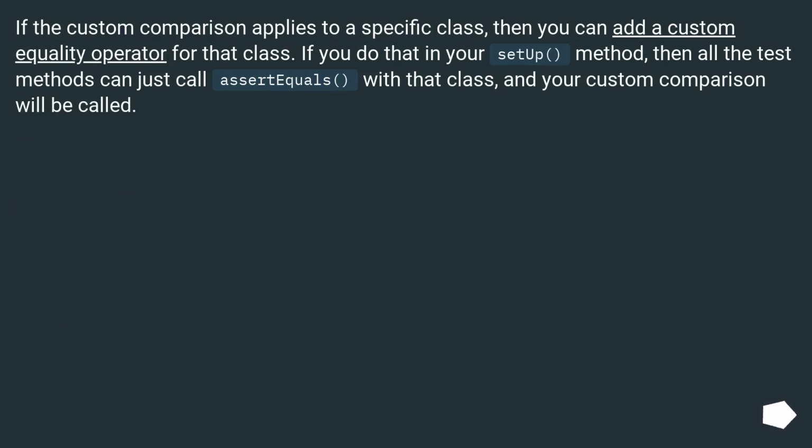If the custom comparison applies to a specific class, then you can add a custom equality operator for that class. If you do that in your setUp method, then all the test methods can just call assertEqual with that class, and your custom comparison will be called.